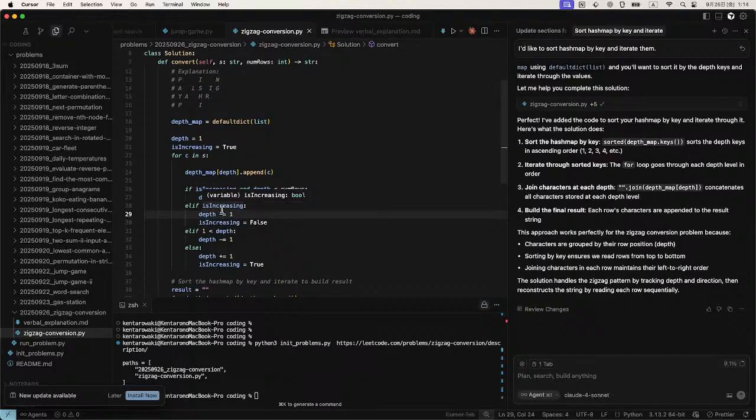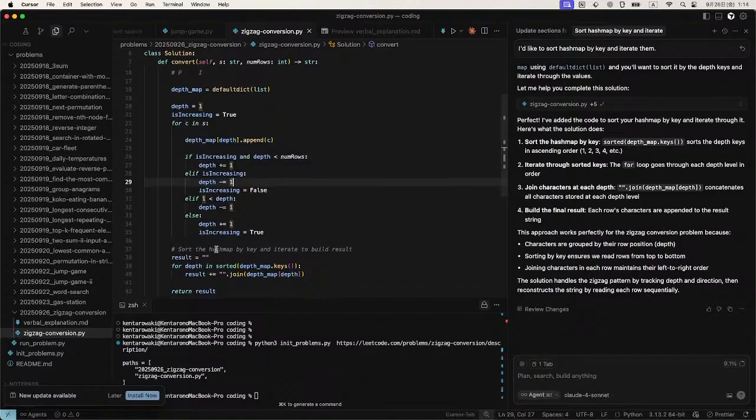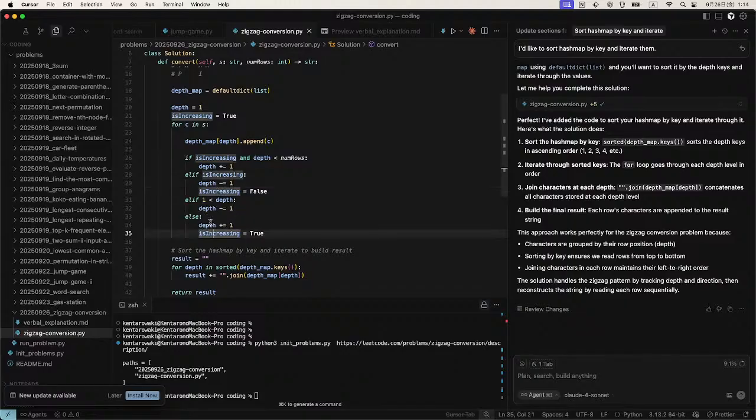If it is increasing, but the depth is equal to number of rows, in this case, depth should be decremented. And not increasing, and depth is more than 1, we should decrement it. And not increasing, and the depth should be 1, we can increment depth.